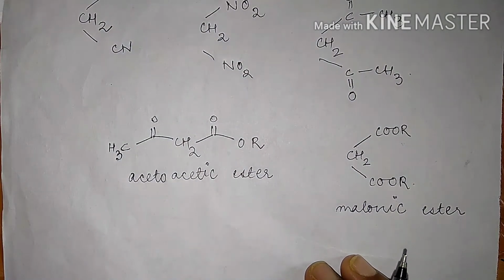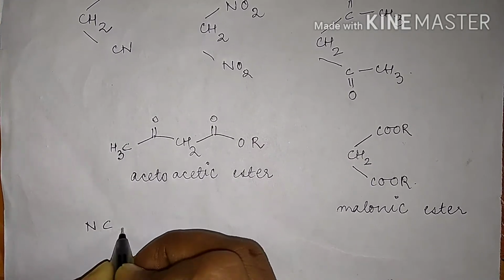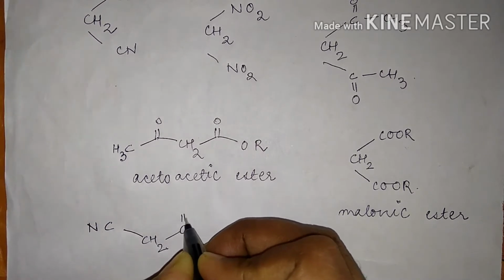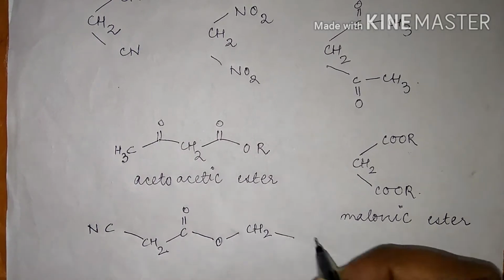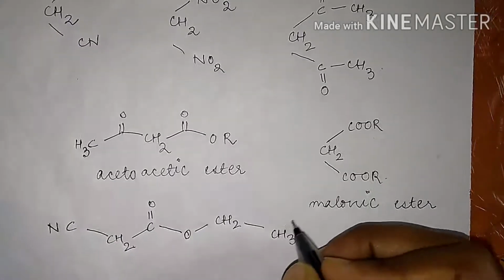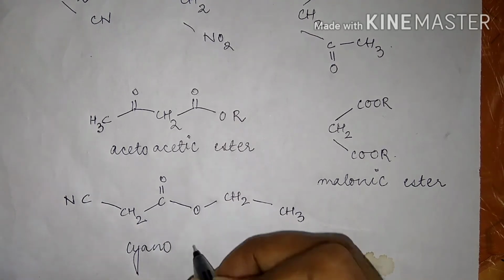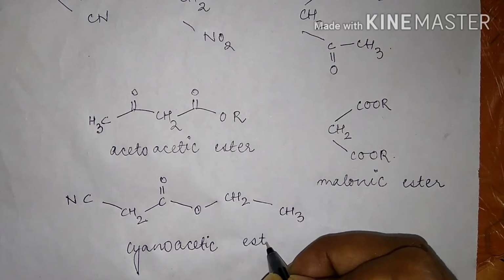Next, the third which we learn about is cyanoacetic ester, which has the chemical formula of NC-CH2-C double bond O, OCH2CH3. This is our cyanoacetic ester.